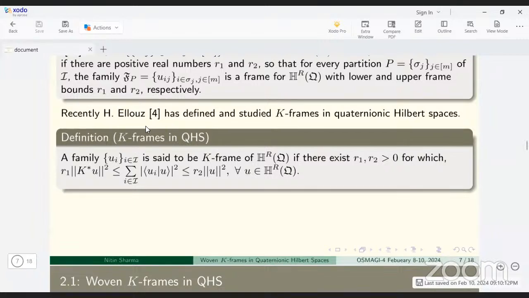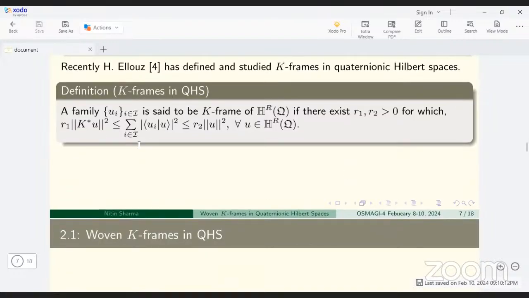And recently in reference 4, the authors defined and studied K-frames in quaternionic Hilbert spaces. We have taken a countable family in a right quaternionic Hilbert space; if there exist R1 and R2 such that this inequality holds for every U in H_R, then we will say this family forms a K-frame.